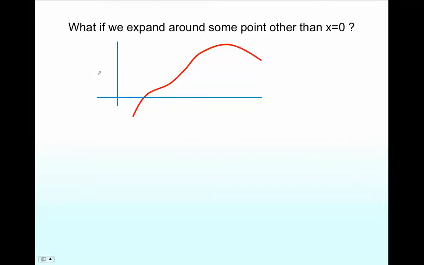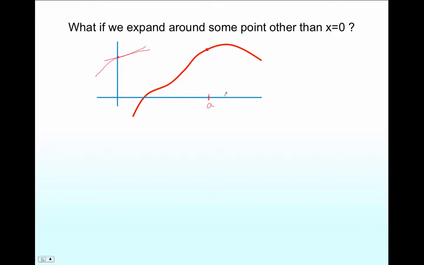What we've done so far is expand around the point x equal to 0. So, for example, if this is the curve, then we simply say that we shall match the slope over here and the curvature over here and so forth. But what happens if, let's say, we have a point a and we want to expand about this point here?